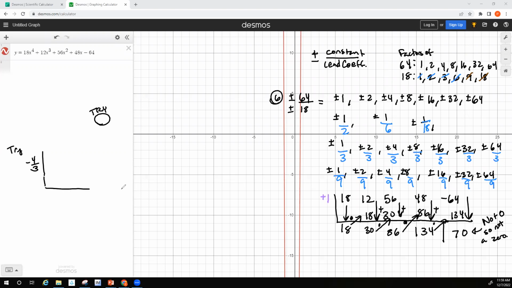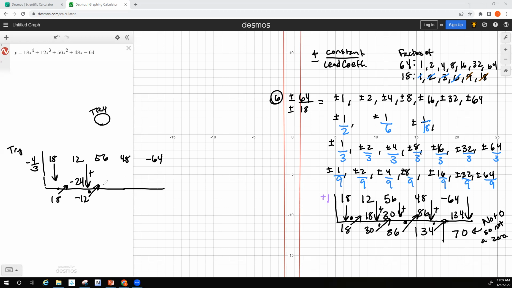Do synthetic division. 18, 12, 56, 48, -64. Bring it down, multiply. 18 times -4/3. So 18 divided by 3 is 6 times -4 is -24. Add, you get -12, and multiply -12 times -4/3.